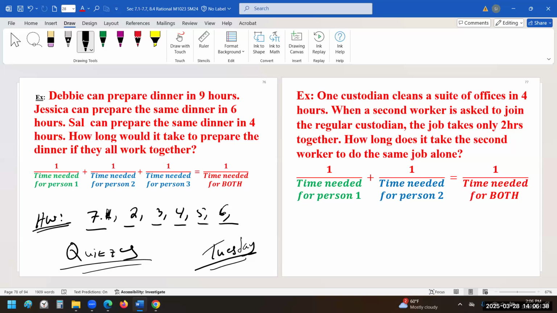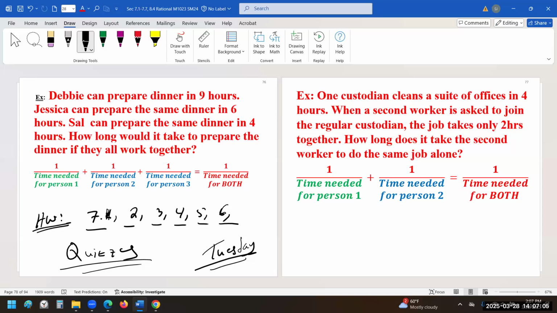19 over 18 is the single bar. What do you see here? This is 4, 9, 6 and 4. Now, this one, what is missing?